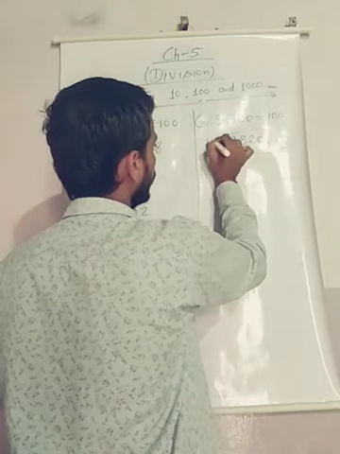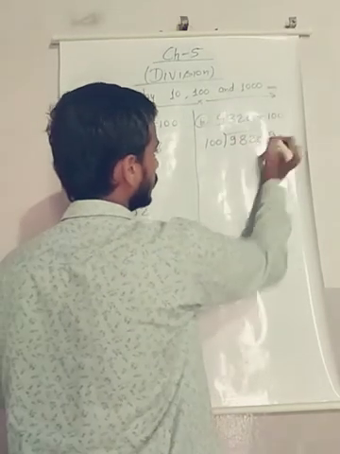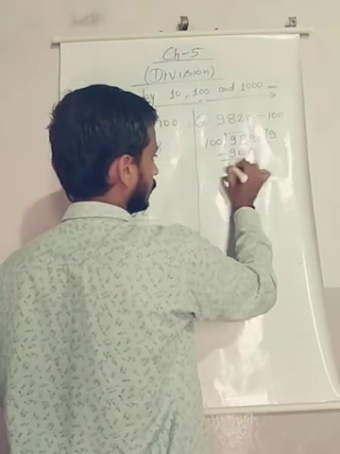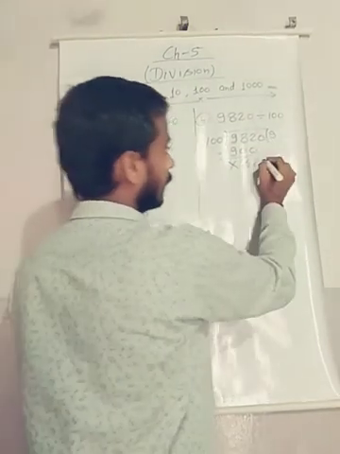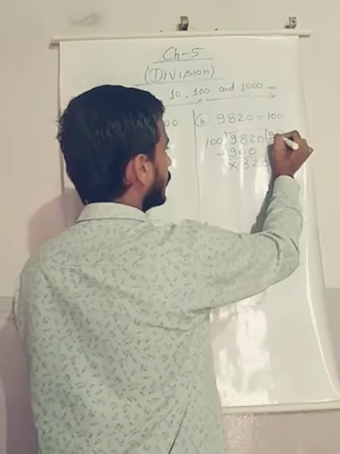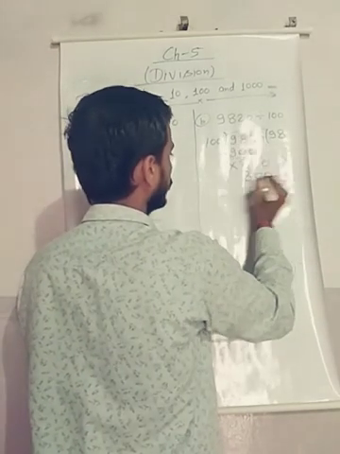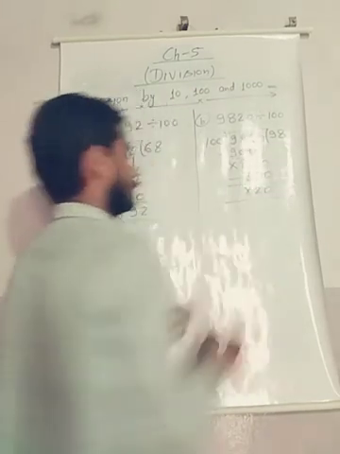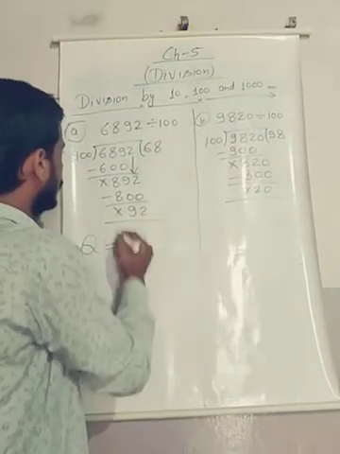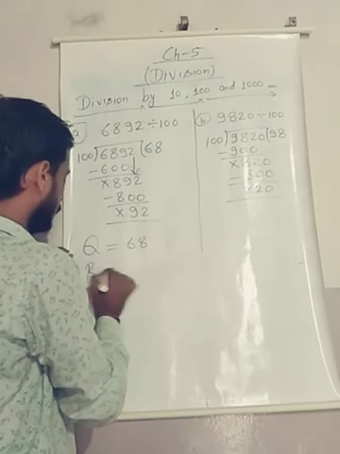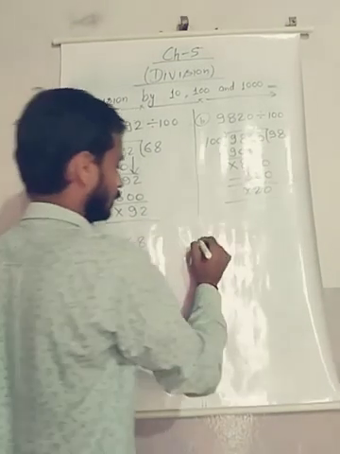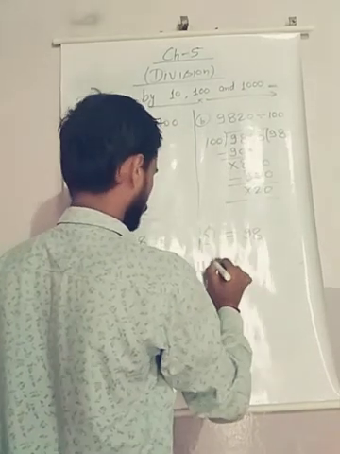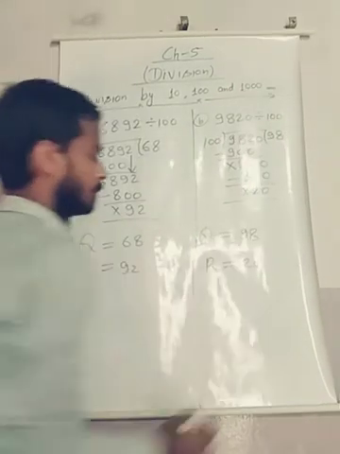Now next, 9820 divided by 100. 100 nines are 900. 8 and 2. Then last digit is 0. 100 eights are 800 again. So in this case, the quotient is 68, remainder is 92. In this case, quotient is 98, remainder is 20.